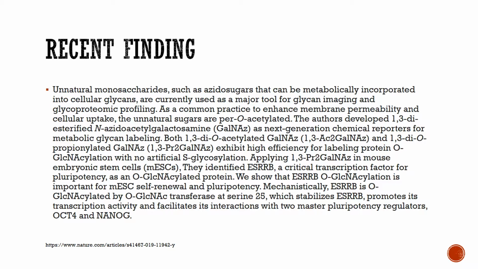As a common practice to enhance membrane permeability and cellular uptake, the unnatural sugars are per-O-acetylated. The authors developed 1,3-di-esterified azido-acetyl-galactosamine as next-generation chemical reporters for metabolic glycan labeling.